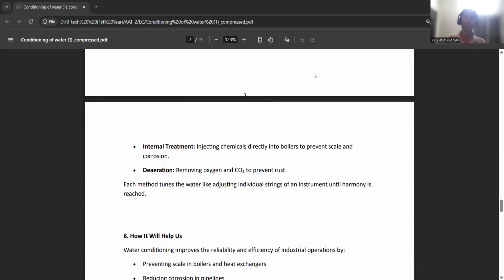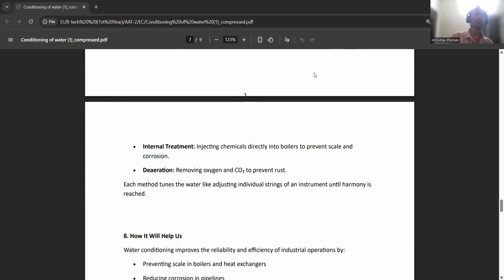Internal treatment: injecting chemicals directly into boilers to prevent scale and corrosion. Deaeration: removing oxygen and CO2 to prevent rust. Each method tunes the water like adjusting individual strings of an instrument until harmony is reached.